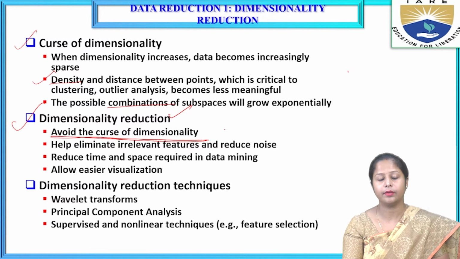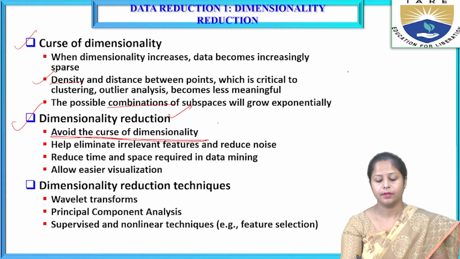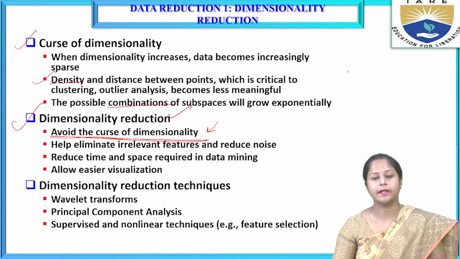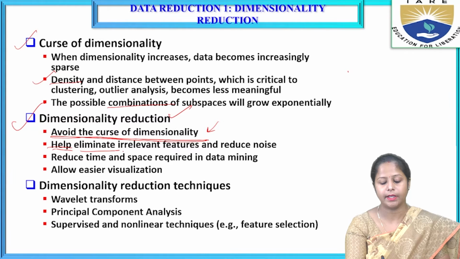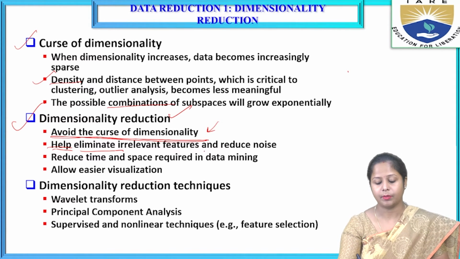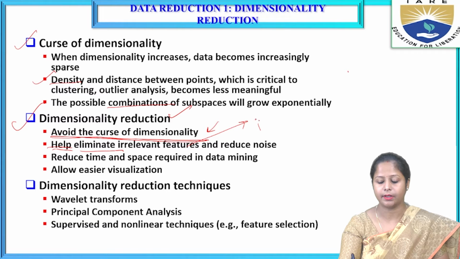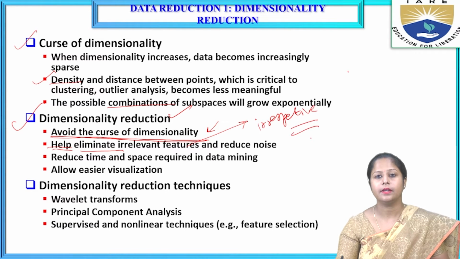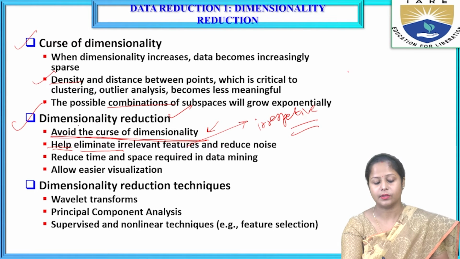Why are we having it? So that we avoid the curse of dimensionality, we have dimensionality reduction. It helps eliminate irrelevant features, the features that are irrelevant to the data, we need to exclude them and then only use the remaining data.